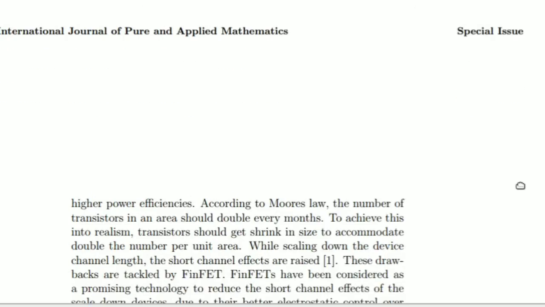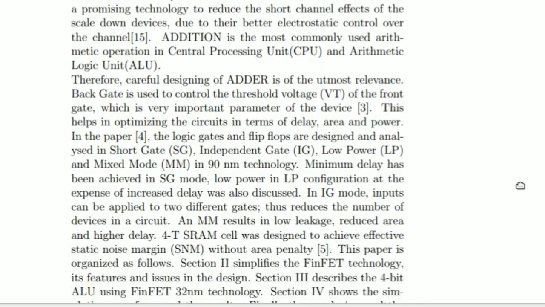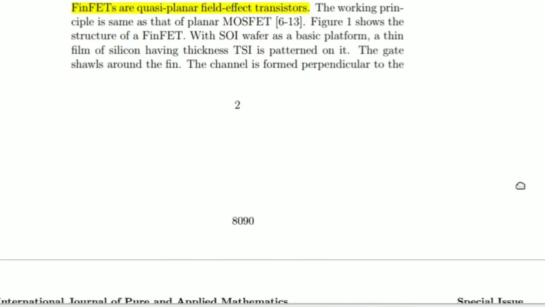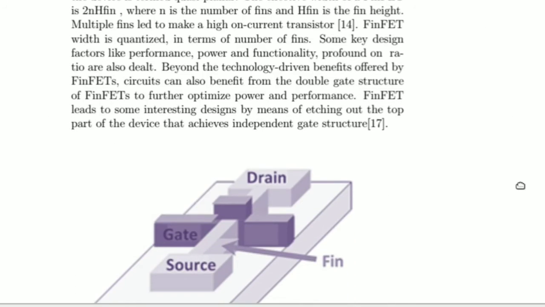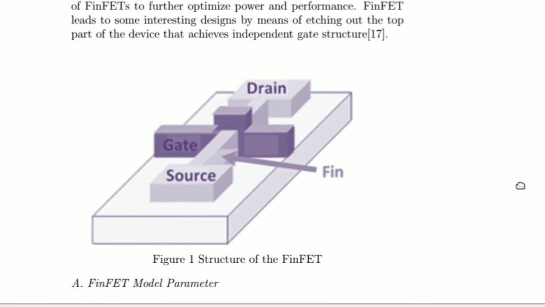Okay, so first we're going to see the actual structure of the FinFET. Here we can see the actual structure of the FinFET. FinFETs are called quasi-planar field effect transistors, as opposed to MOSFETs, which are actual planar field effect transistors. Looking at this diagram, we can see that the source and the drain are above the body, protruding out of the body as opposed to being inside the body as in the case of MOSFETs.